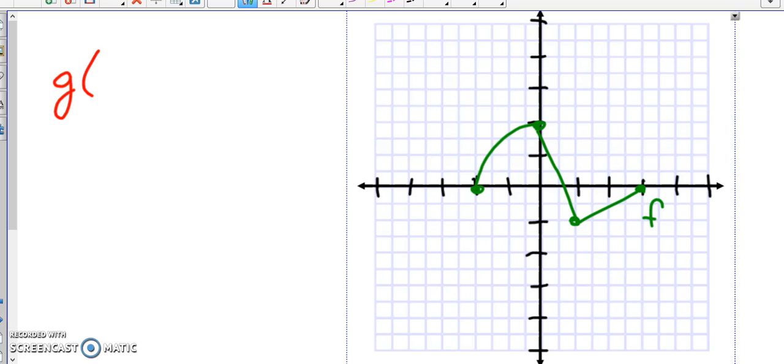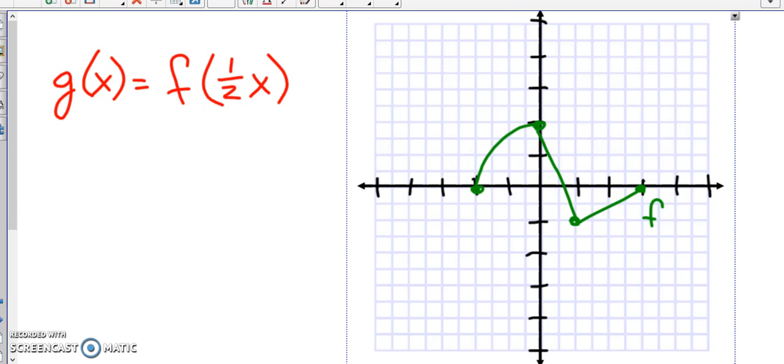So let's say I want to do g of x is f of 1/2 x. Now the way this works is that I'm cutting all the x's that I plug in half. So I would have to plug in an x that's twice as big to achieve the same output, because it would have to be chopped in half.